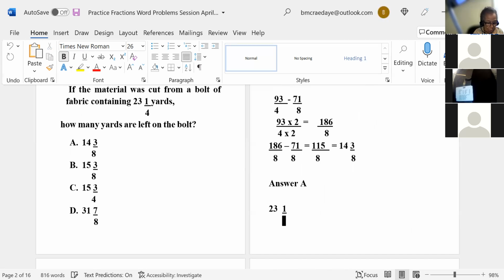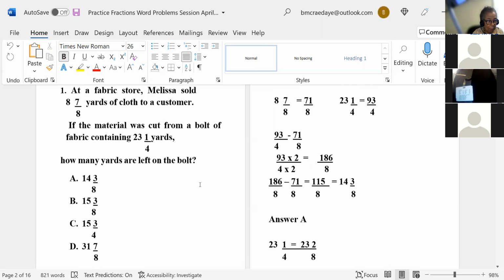See, I would take the 23 and 1/4 and make that equal to 23 and 2/8, right? Because 1/4 is 2/8, so I put the 8 here. But notice I can't subtract 7/8 from it, so I need a bigger number.